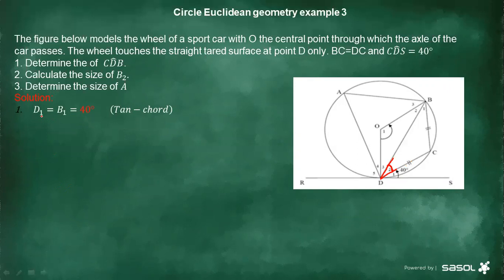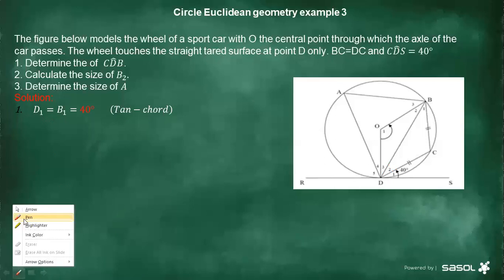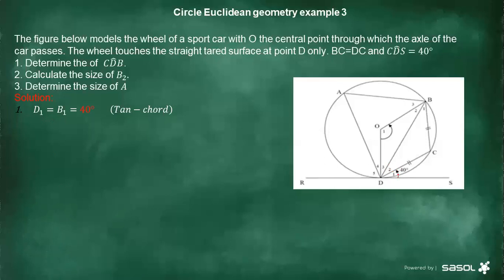Angle D1. Let me just remove this one so that you can see our angle D1. Angle D1 equals 40. You can see that we are saying angle D1 equals angle B2. What is the reason? Tan chord, because there is a triangle there which is BDC.